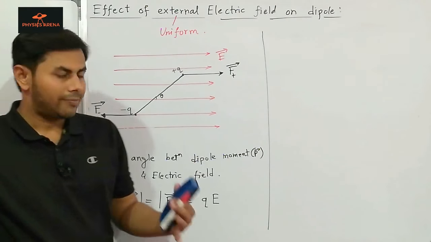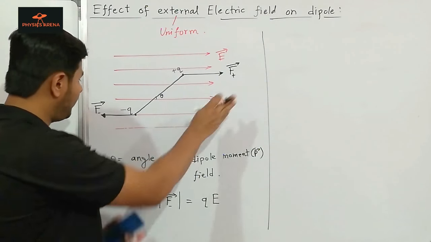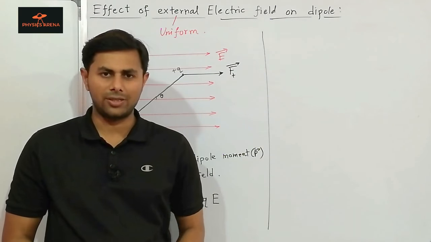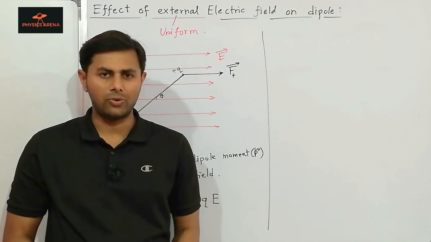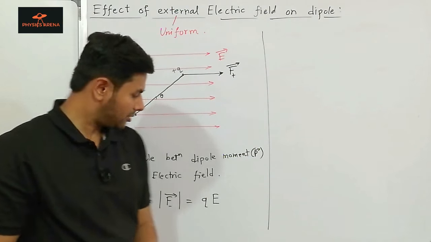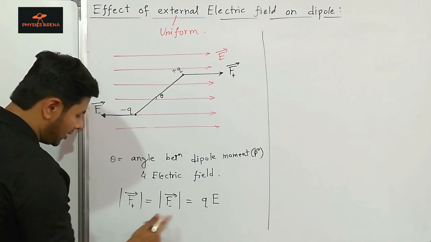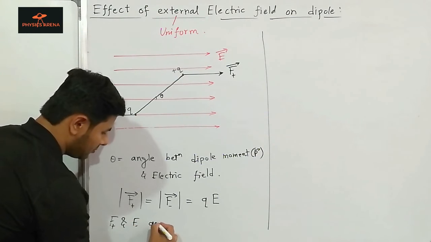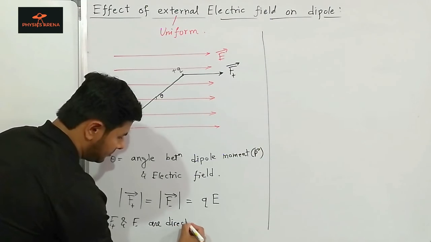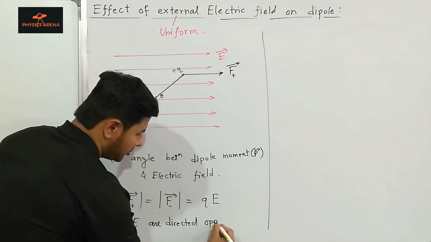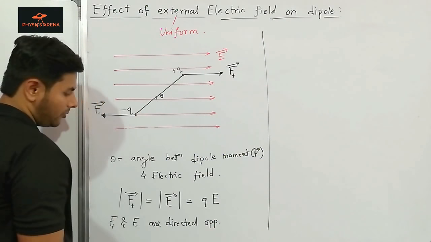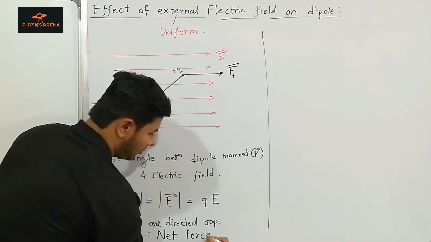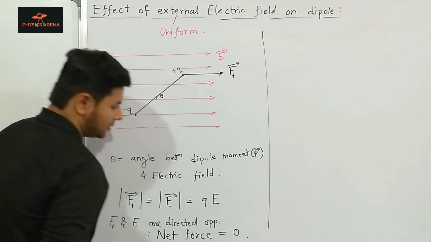Now the magnitudes of these forces F plus and F minus are the same and they are directed opposite to each other. That's why the total force on the dipole is 0. So F plus and F minus are directed opposite to each other. Therefore, the net force on the dipole is equal to 0.